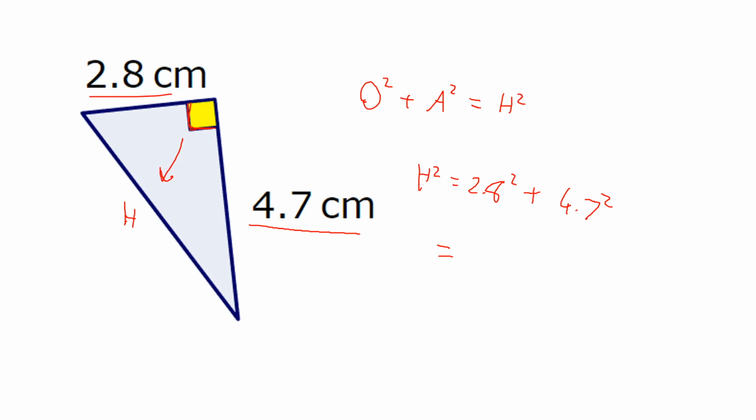And if we plug that into our calculator, we should get an answer of 29.93. And now what we need to do is square root both sides. So h is just going to be the square root of 29.93, which in this case will be 5.5 centimeters to 1 decimal place.